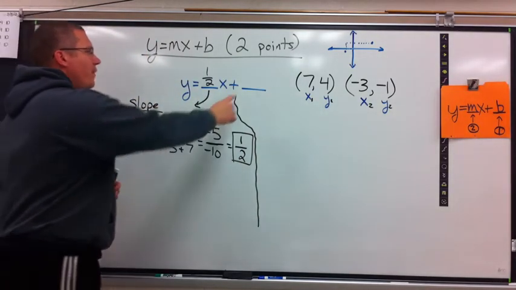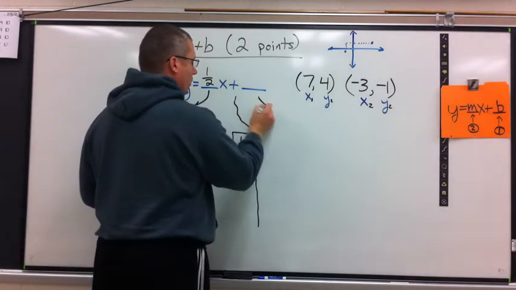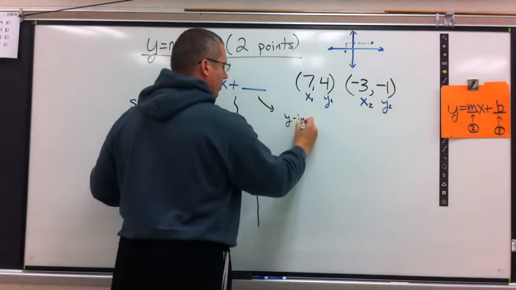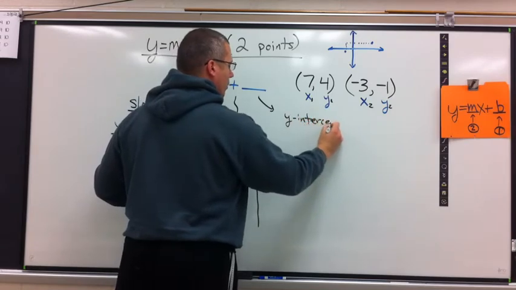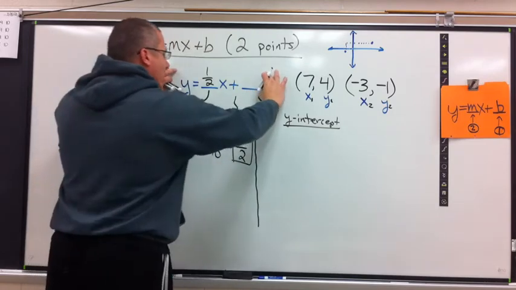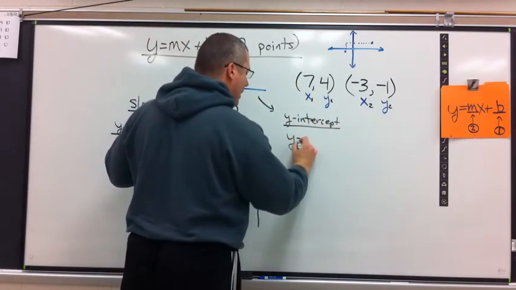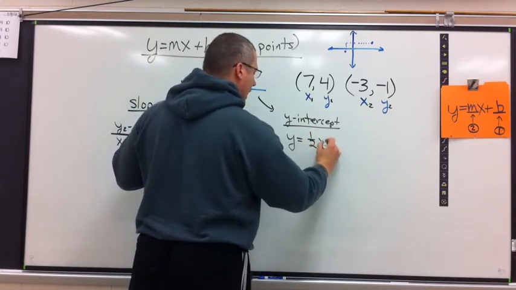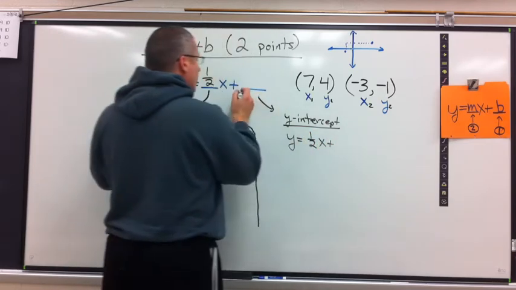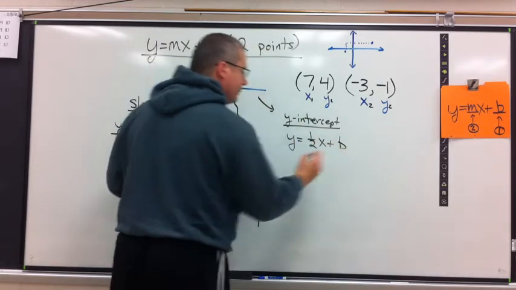The second piece is to figure out what my y-intercept is. As you remember from before, I'm going to take my equation, bring it down, and substitute things in. I did have y equals 1/2 x plus. I don't know what the y-intercept is, so I'm going to use the traditional variable b.